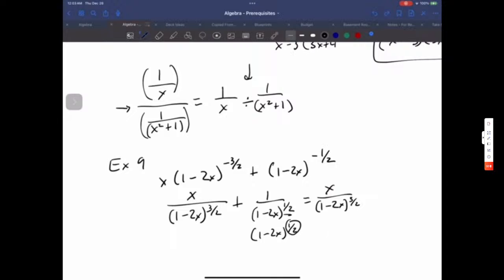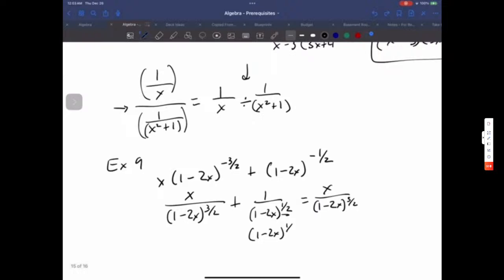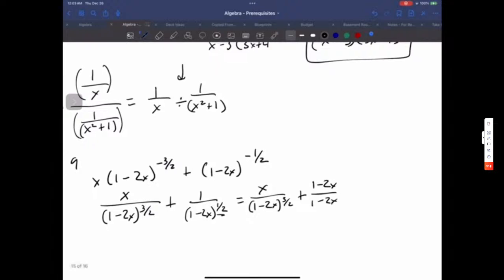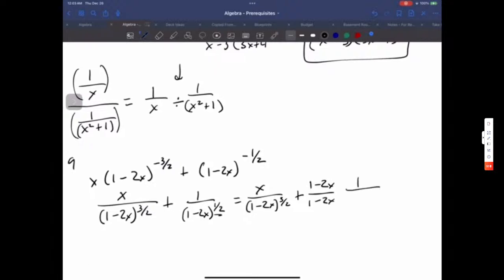To add 1 to it, we just multiply it by itself. So we're going to multiply it by 1 minus 2x. But whatever we do to the bottom, we have to do to the top. So if we were to write it out in a way that you would see it, you would say plus 1 minus 2x over 1 minus 2x times 1 over 1 minus 2x to the 1/2, and that's in parentheses.